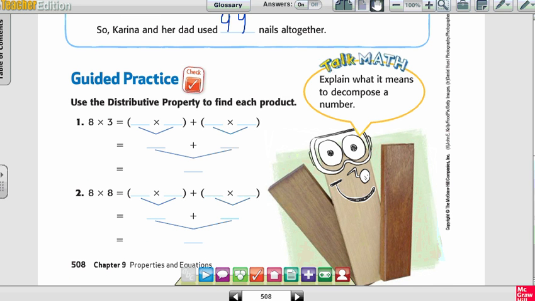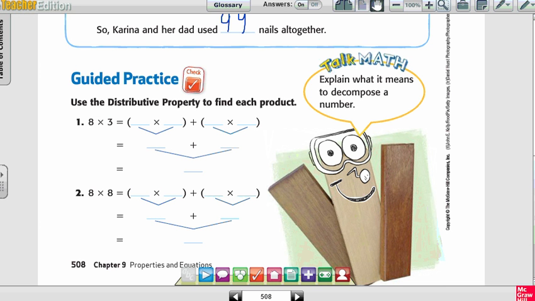Now look at number 1. I want to know what 8 times 3 is, and we're going to decompose one of the factors. Could I decompose 3? Probably I could, but I'm going to decompose 8 because I know it's a lot easier to do 3 times something instead of 8 times something.